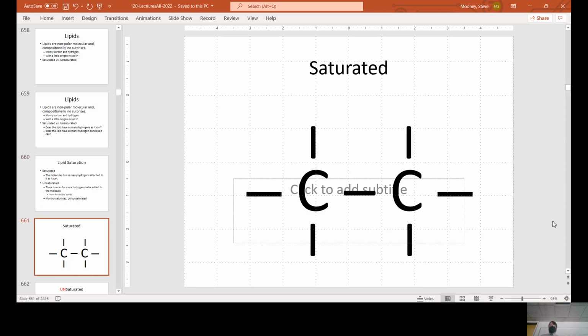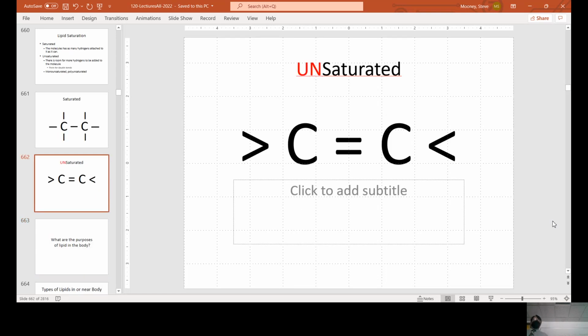So what are we looking at conceptually, from a drawing perspective? We have a backbone on our lipid, chugging along, carbon, carbon, carbon, carbon, carbon. We have probably two hydrogens stuck to it. It's making bonds with 4 different atoms. If we have an unsaturated situation, we have a double bond between the adjacent carbons.